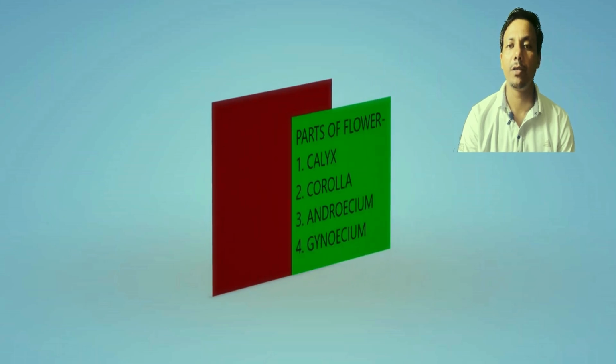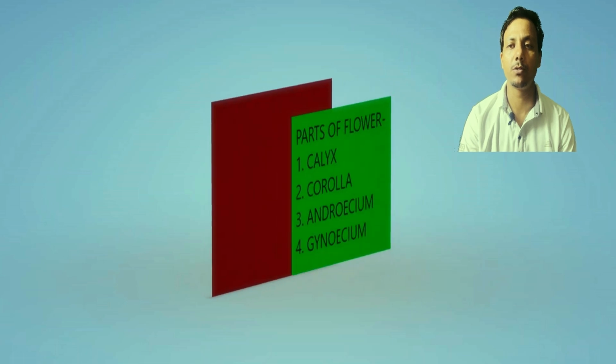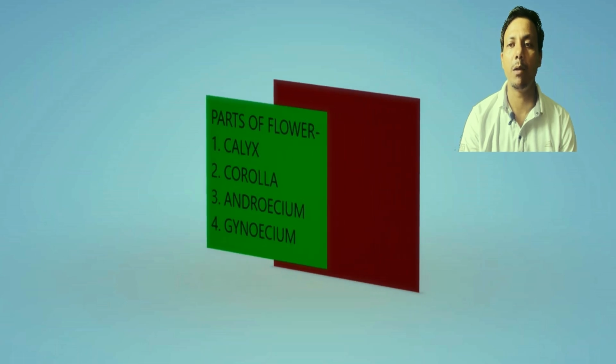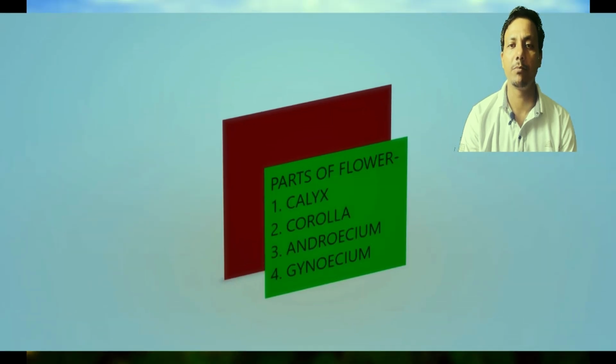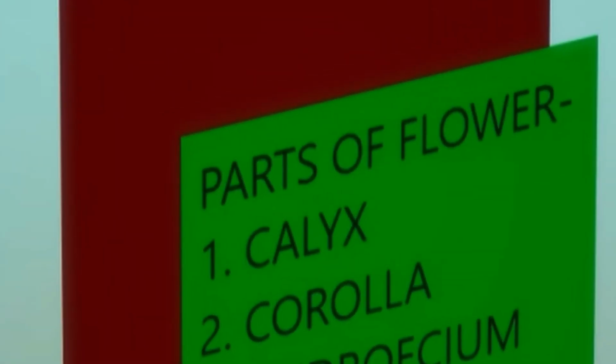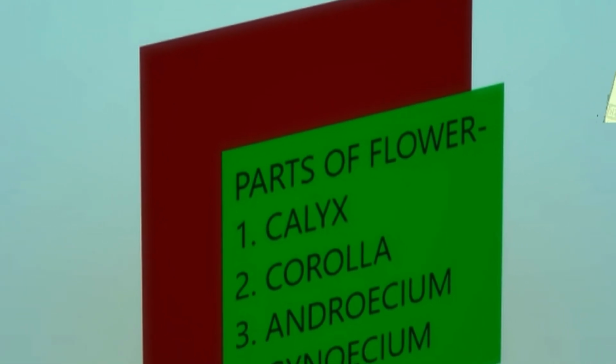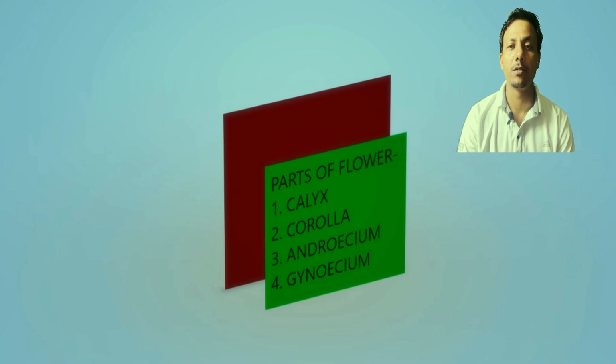They can be free, called polysepalous, or fused, called gamosepalous. For example, in case of pea, they are free sepals. The function of calyx is protection of the flower during the bud stage.